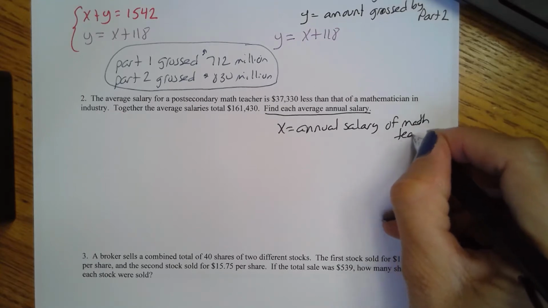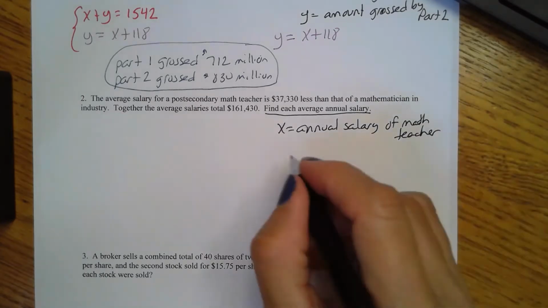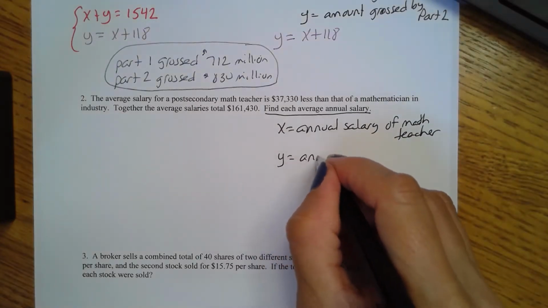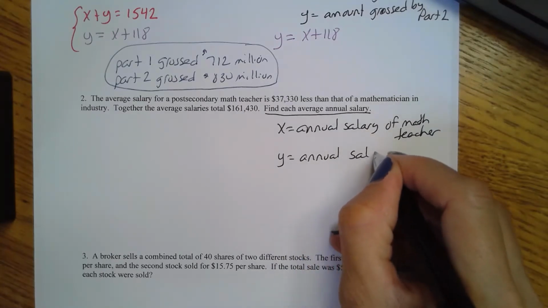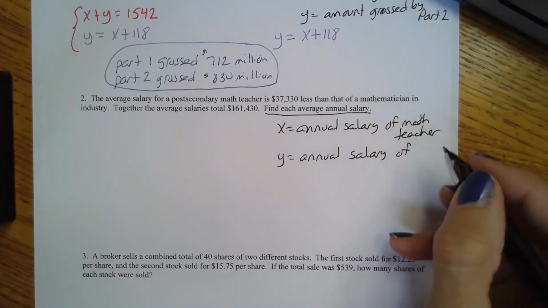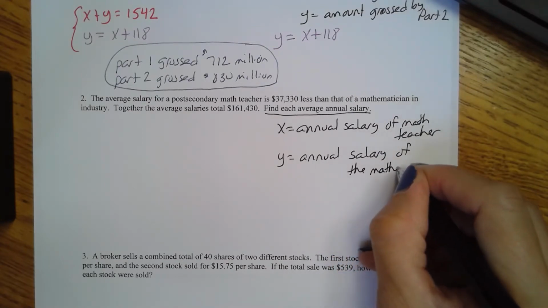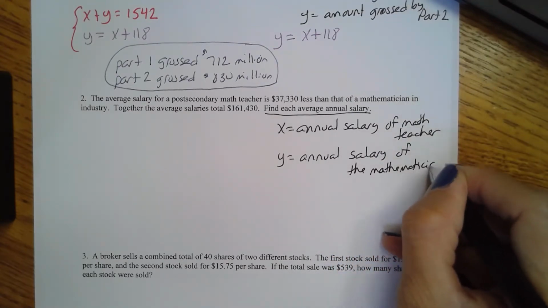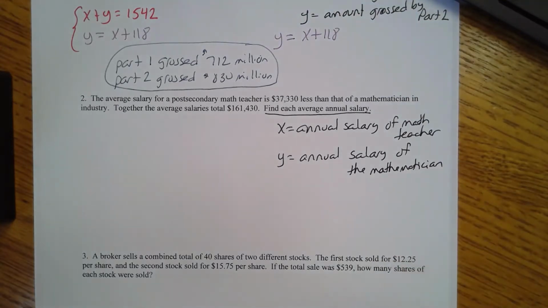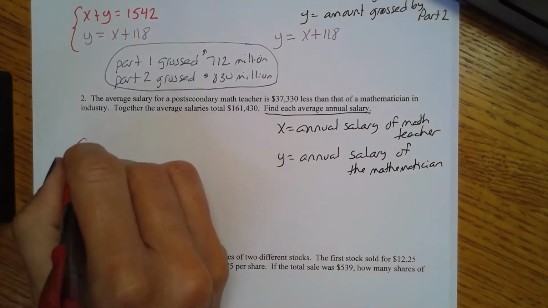It doesn't matter. You can decide which one you want. That's why you have to label it. And y is going to be the annual salary of the mathematician in the industry.